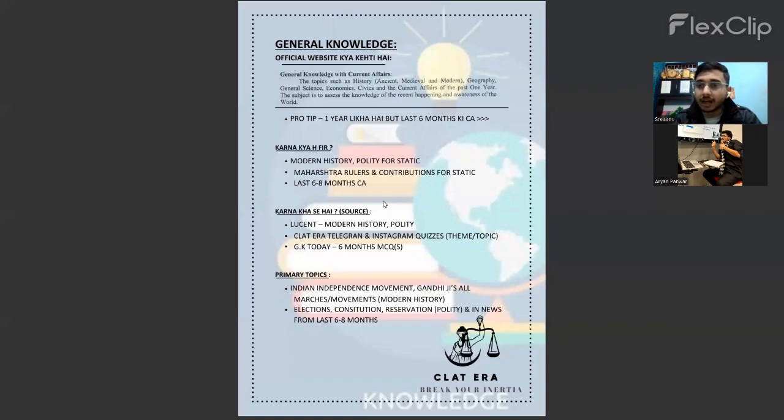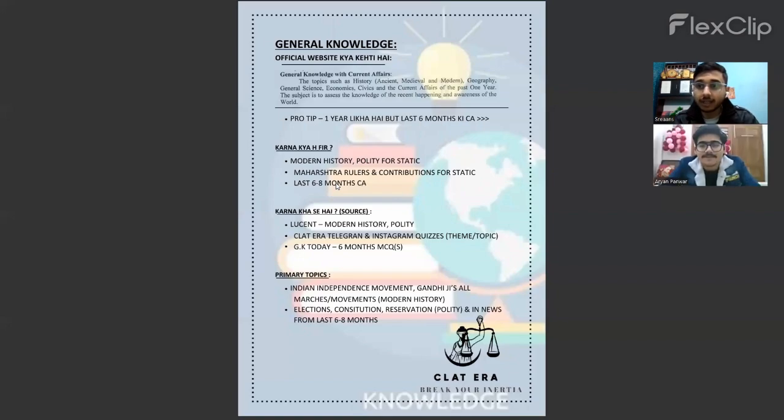Typically the great rulers of Maharashtra, their battles with the Mughals or anything, please cover that Maharashtra-specific static GK after modern history and polity. So modern history and polity, Maharashtra GK, and the last 6 to 8 months of current affairs.